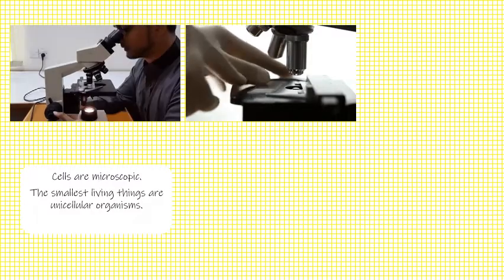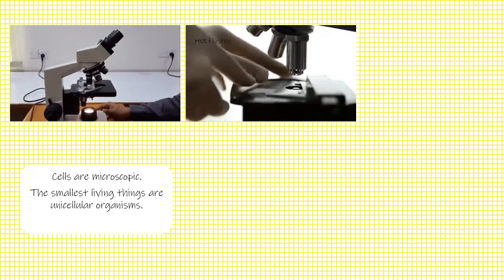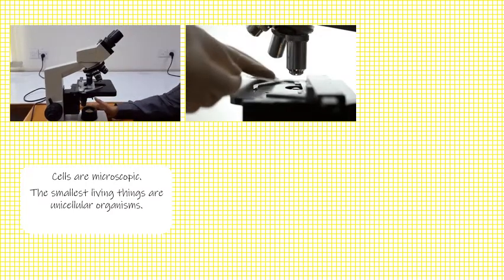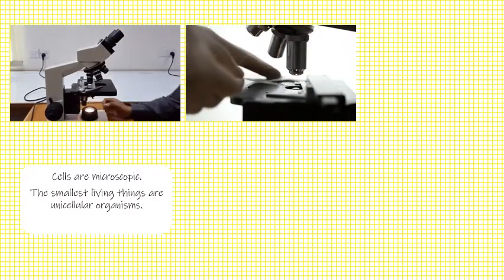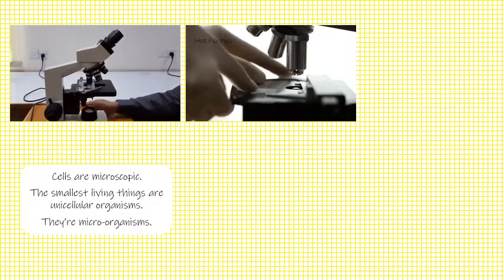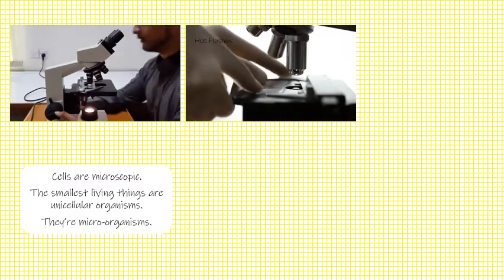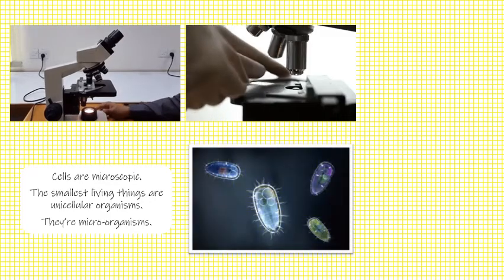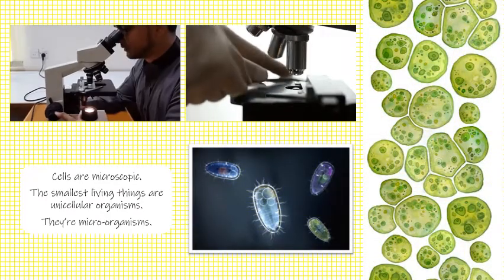We saw that the tomato skin is made of many tomato cells stuck to each other. But we have some organisms made of one cell, and we call them microorganisms, like some bacteria and some types of algae.